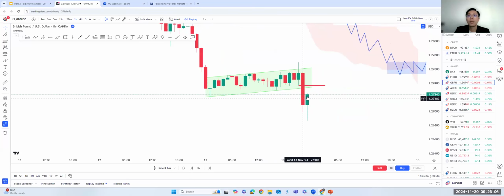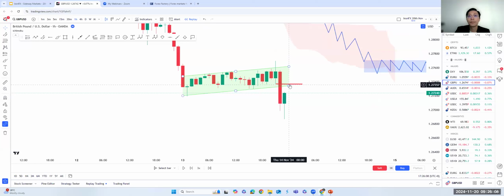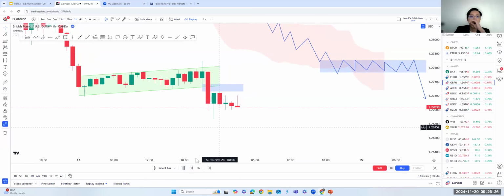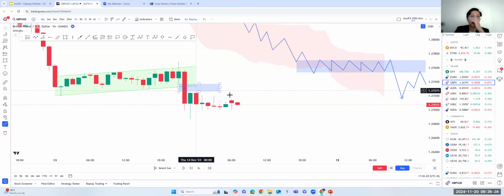Right at this area, when the H1 candle closed, there was a FVG right here. Fair value gap, there was a fair value gap right here. And that's why if you look at the next candle, price tapped the fair value gap and broke out of there.